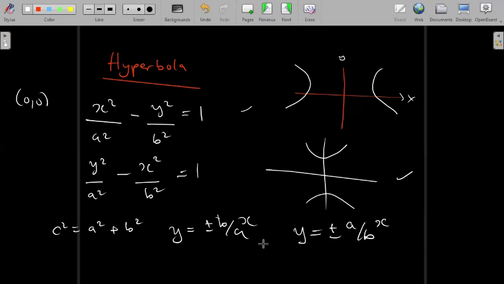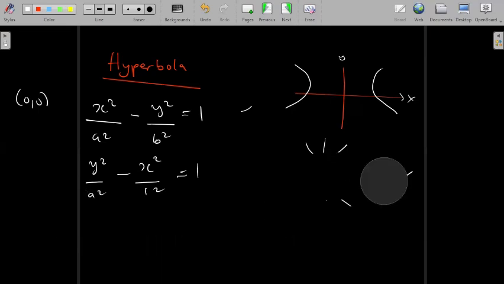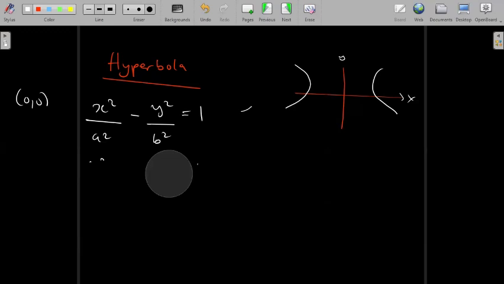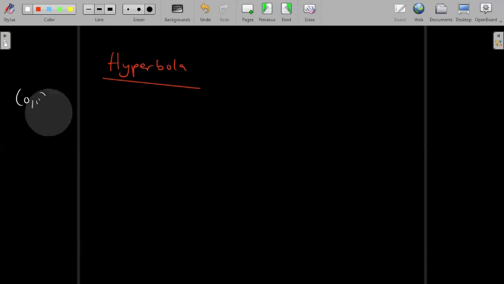So this is how it's going to look. Okay, let's use the same example, the easy one, then you get one from the tutorial sheet, then we'll call it a day. So I want to use just like the one we used with the ellipse, but then there'll be a minus sign in between.